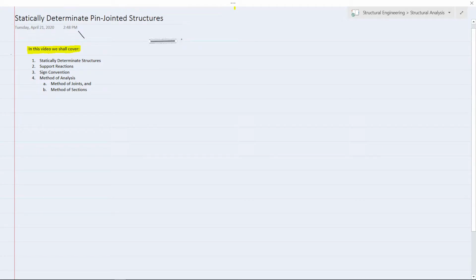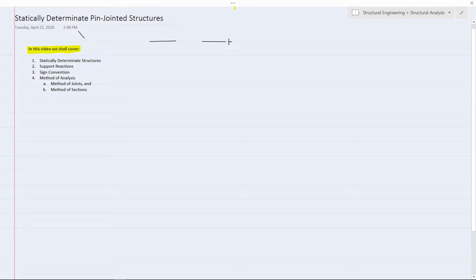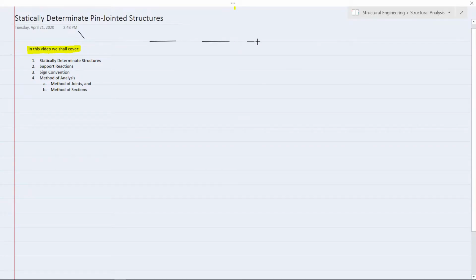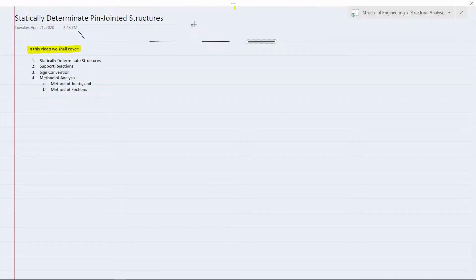Let me see like this: 1, 2, 3, and 4. All these bars have eyes on both the ends.